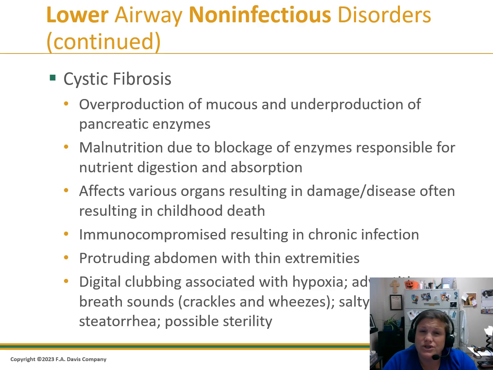These individuals are supposed to avoid taking antihistamines because antihistamines have a drying effect, and with all of the mucus production that they're experiencing, if it's dried out, it's going to make it harder for it to be eliminated. So we don't want them to have that complication. We want them to be able to expel any mucus secretions that are building up.